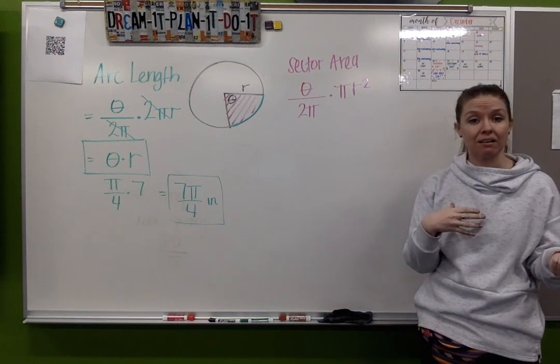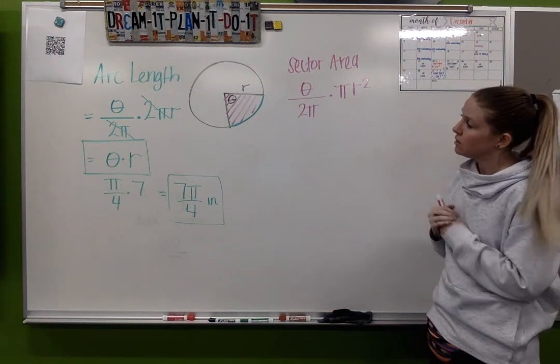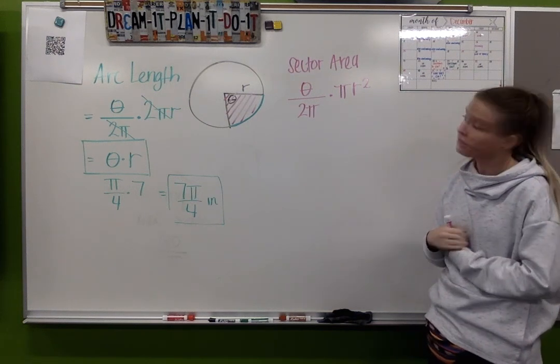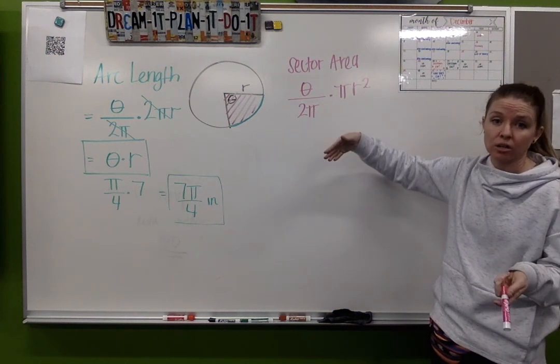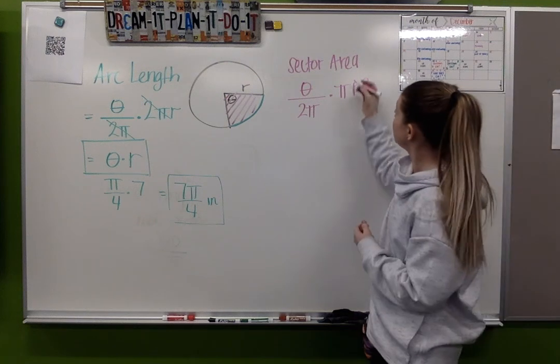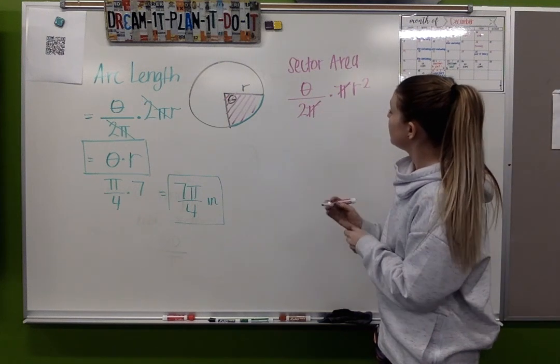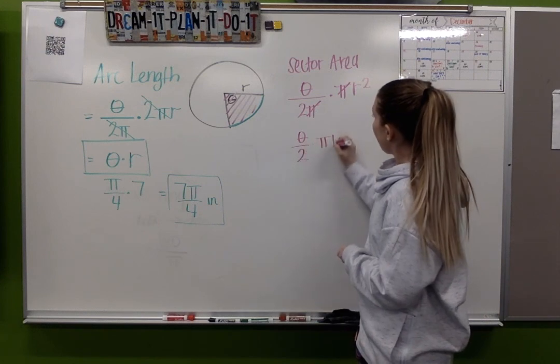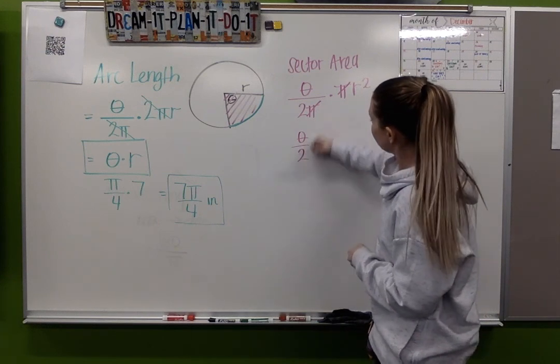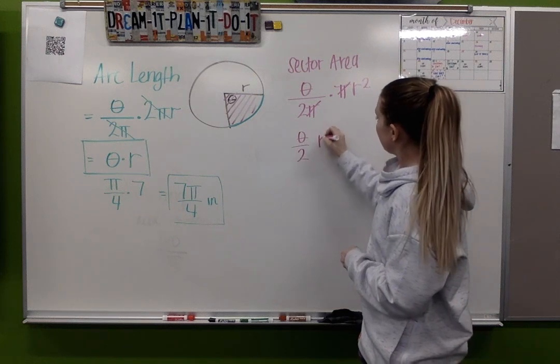That's how we find the area of our sector. We have a pi divided by pi, so we could go ahead and reduce that out. And we're looking at theta over 2 times r squared.